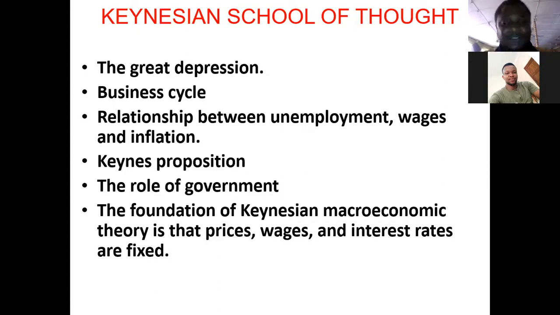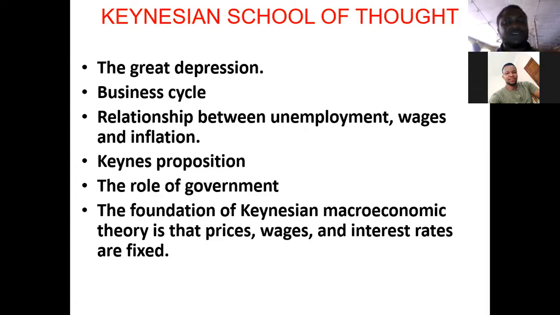That is the classicalist. But the Keynesian said no. The reason we have those long depressions where unemployment is high, poverty is high, wage is low, is because prices are not flexible. Keynesian said prices are sticky downwards.